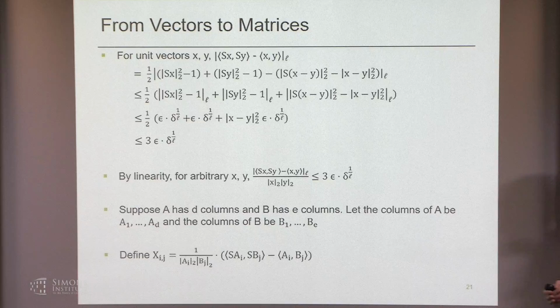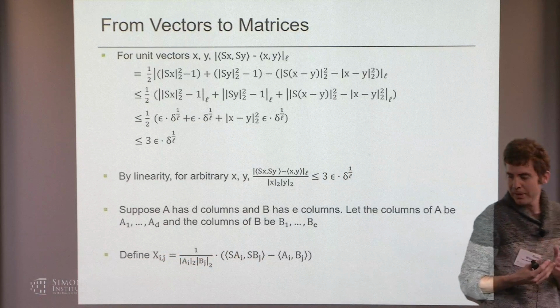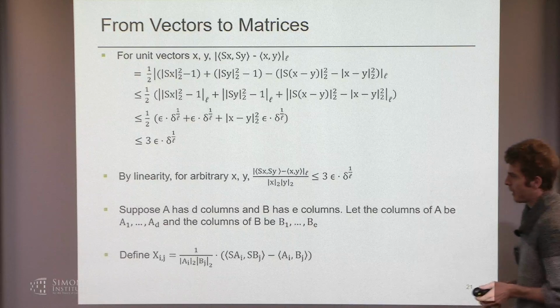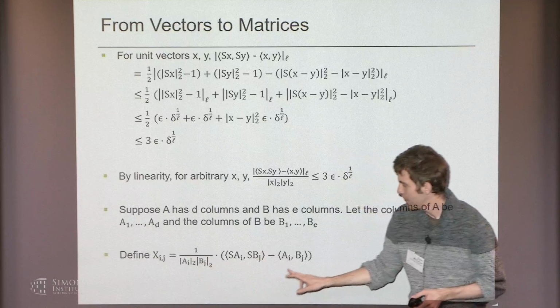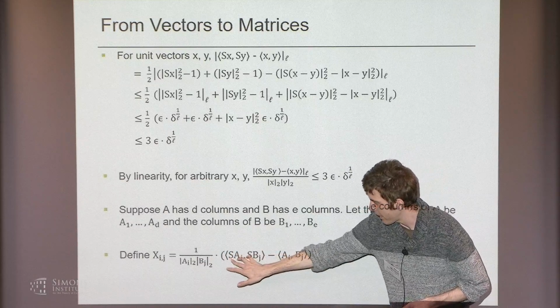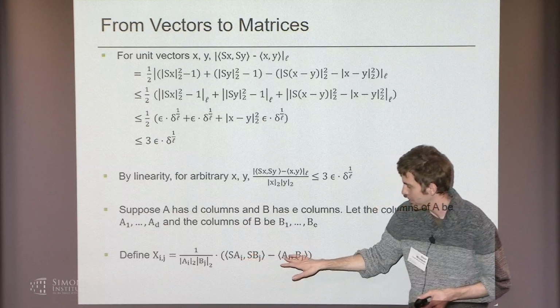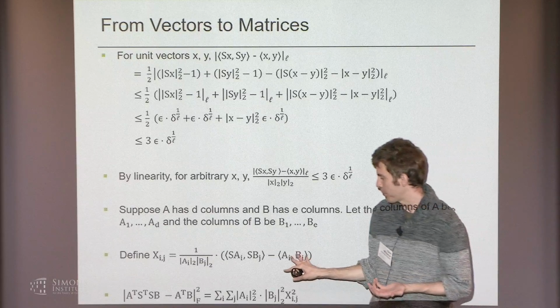Let's define Xij to be the following quantity: 1 over the norm of Ai times the norm of Bj, times the difference of SAi inner product SBj minus Ai inner product Bj. Why do we do that? Well, that's exactly the entry in the matrix product A transpose B.